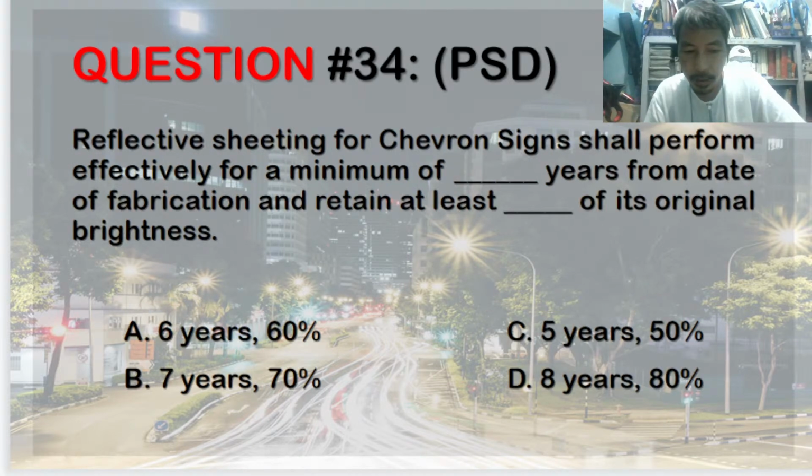Next, number 34. Reflective sheeting for chevron signs shall perform effectively for a minimum of blank years from date of publication and retain at least blank of its original brightness.